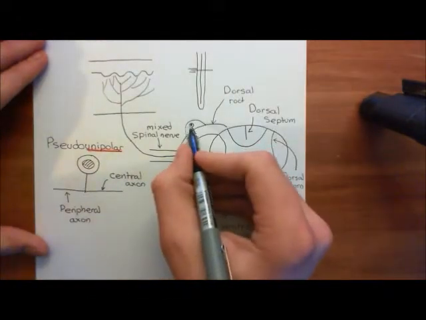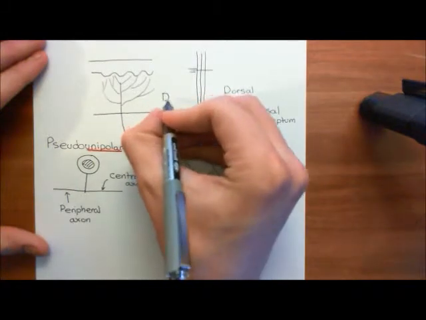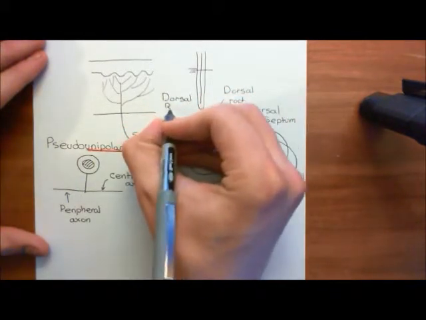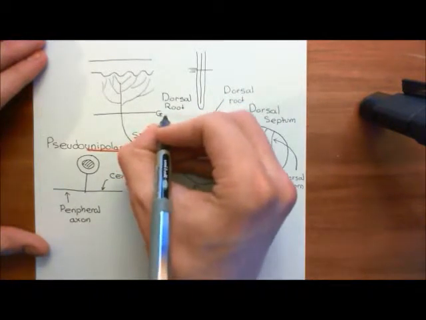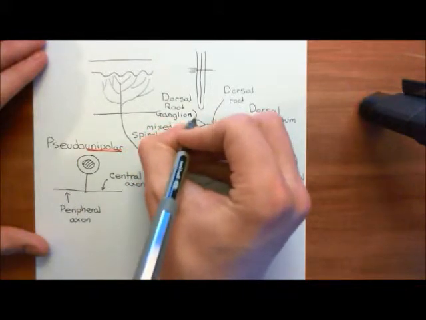But when you've got a collection of cell bodies outside of the central nervous system, that is called a ganglion. These ganglia are all associated with the dorsal roots, so these are called the dorsal root ganglia, and this is an example of a dorsal root ganglion.